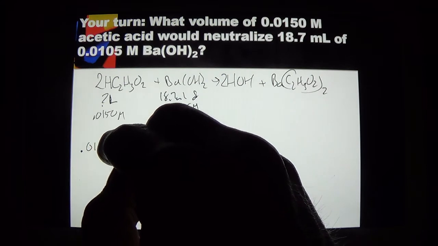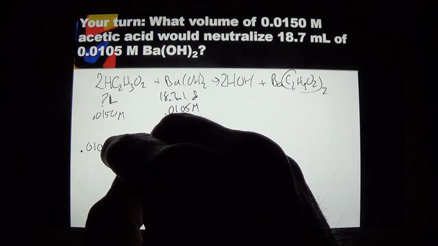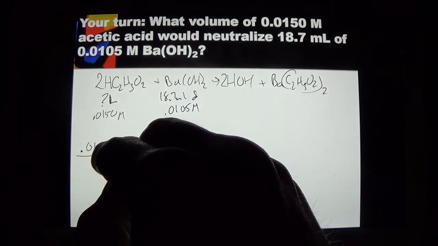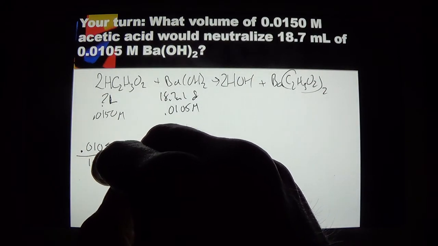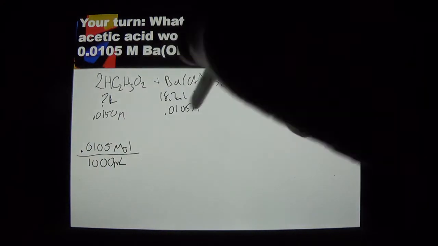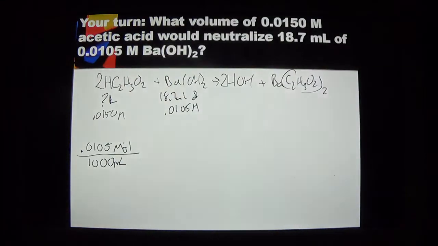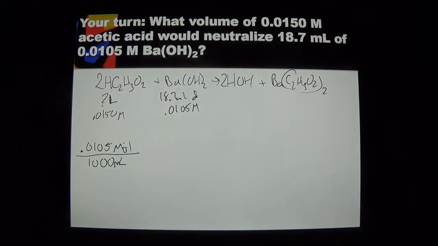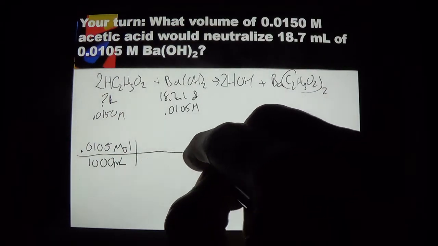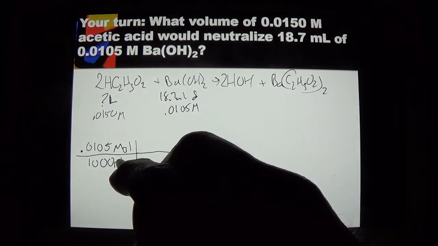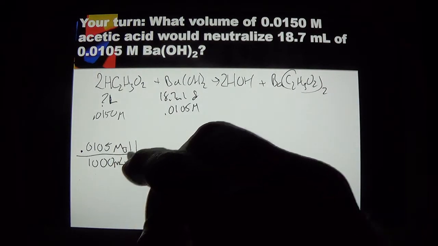0.0105 molarity. Oh, no. Let's write that as moles per 1,000 milliliters. Great way to start the problem. Yeah, I know it's kind of wrong to start your word moles with a capital M when that stands for molarity, but you see it's a way to get my problem started. Okay. I have milliliters I want to get rid of, so I need to know milliliters.